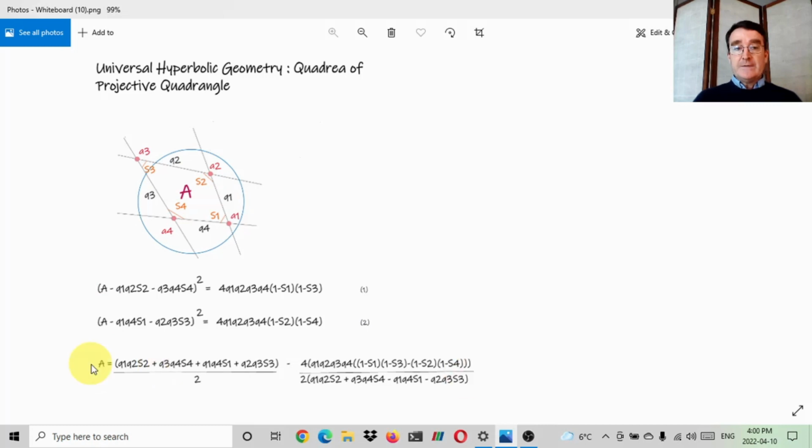So for a projective quadrangle with projective points in general position, it's given by this equation. It has this form when this denominator is not 0. In this video, we're going to cover the case where this denominator is 0 and what happens in those situations.